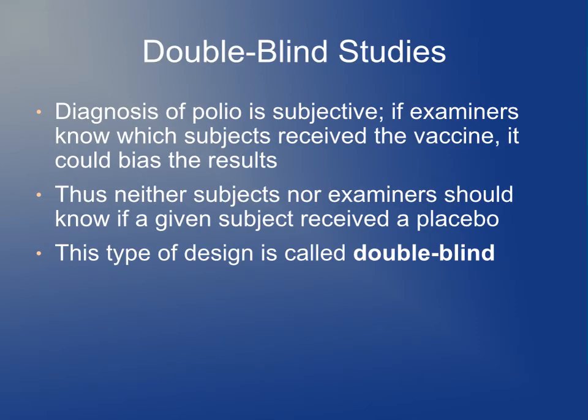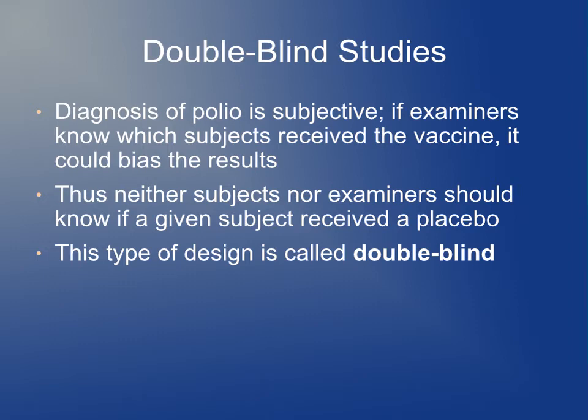Another important principle of experimental design is that whenever possible, studies should be double-blind. In particular, in a case like polio, the diagnosis of polio is somewhat subjective, and if examiners know which children receive the vaccine, they might be less likely to diagnose polio among children that receive the live vaccine, producing bias in favor of the vaccine.